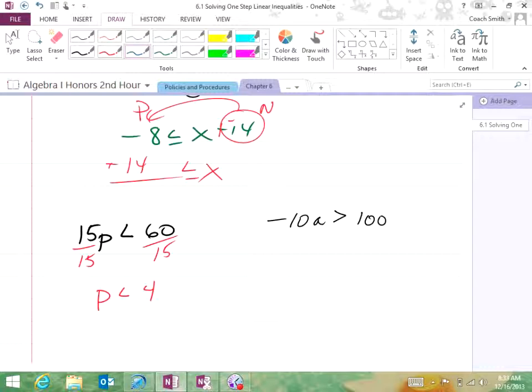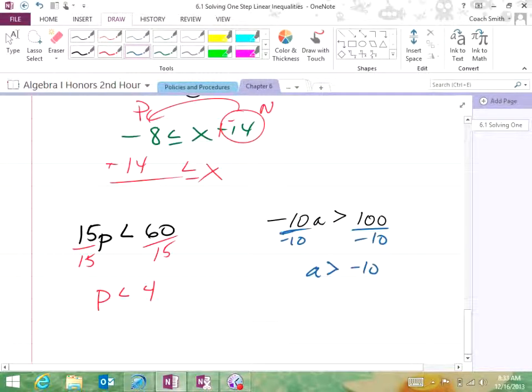Larry, what do I do to solve that one? Okay, we're going to divide by negative 10 on both sides. That gives me a is greater than what? Negative 10.